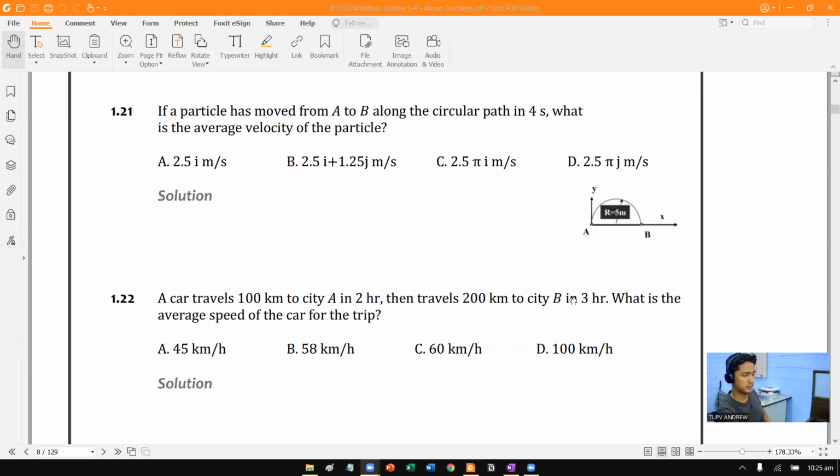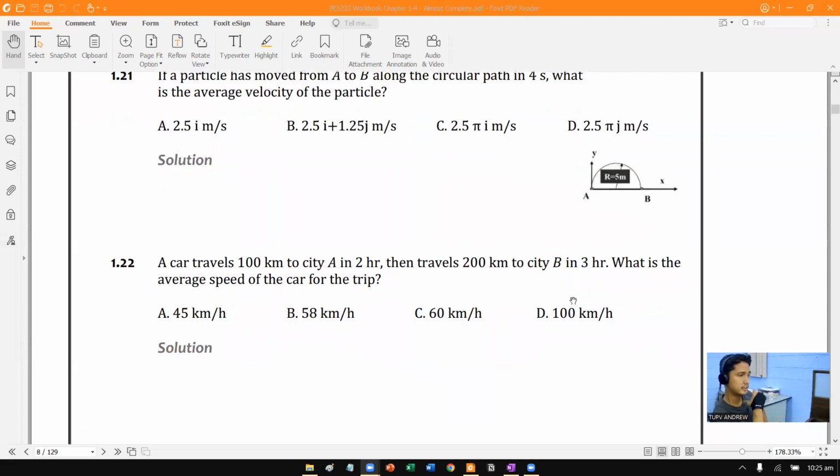Okay, question number 2. A car travels 100 kilometers to point A in 2 hours, then travels 200 kilometers to point B in 3 hours. What is the average speed of the car for the whole trip? This one I will not answer first.